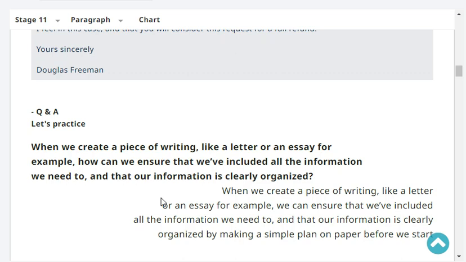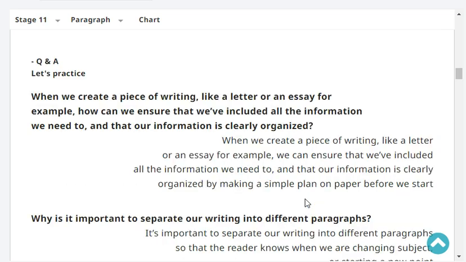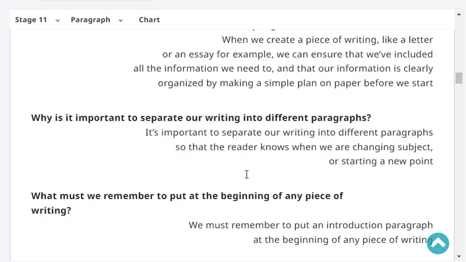Organized by making a simple plan on paper before we start. Very good.